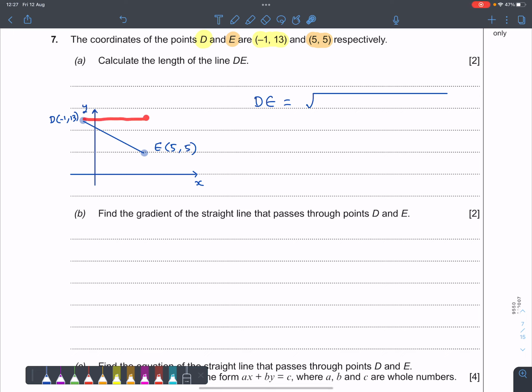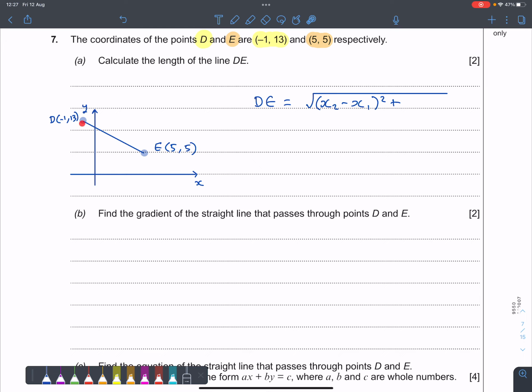This distance is the difference between the two x's, so 5 take away -1. So I'm going to treat that as (x2 minus x1) all squared. I'm talking about x2 and x1 as different x coordinates. Plus, so that's a squared plus b squared.